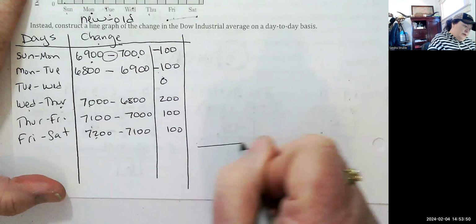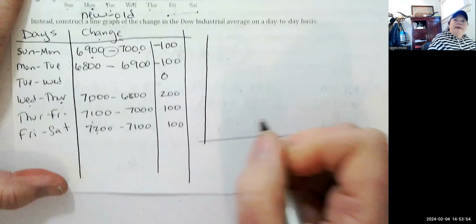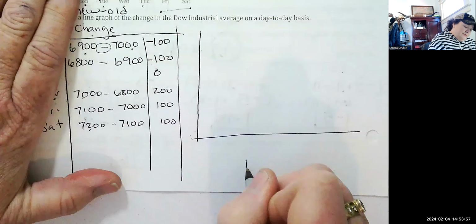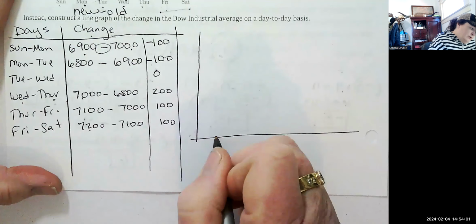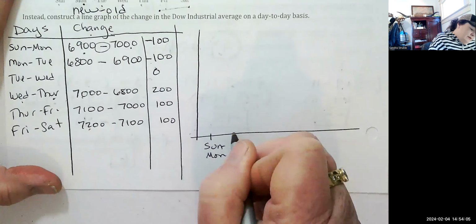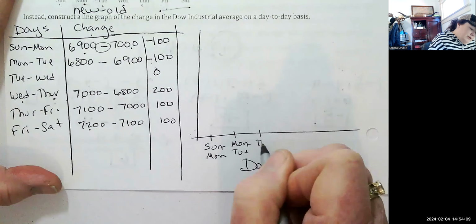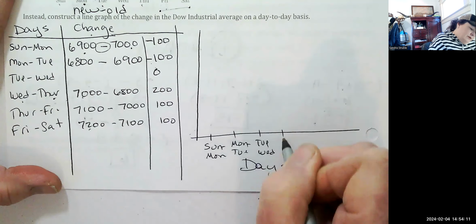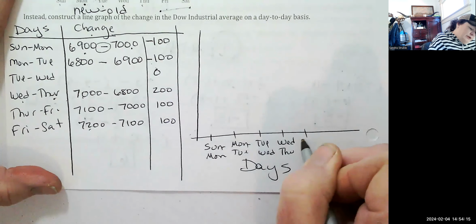I'm going to create my days, because remember, time goes along the horizontal axis. So create Sunday to Monday, Monday to Tuesday, Tuesday to Wednesday, Wednesday to Thursday, Thursday to Friday, and then Friday to Saturday.